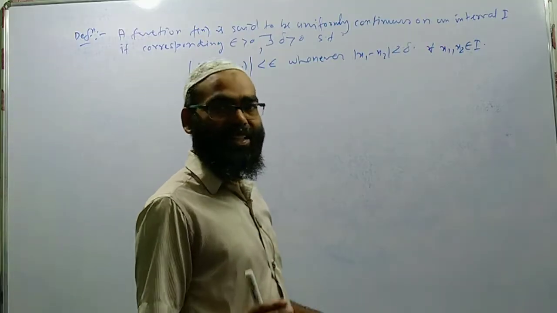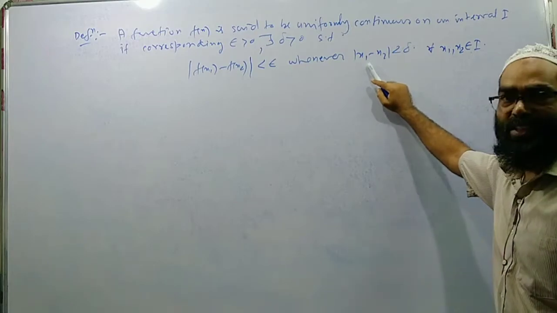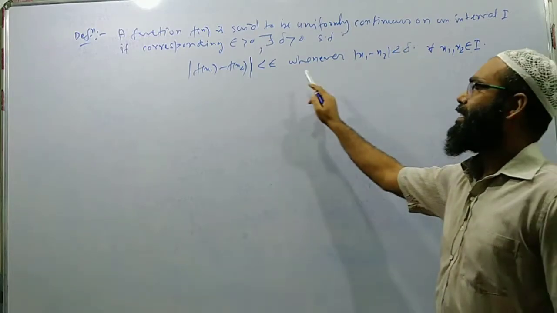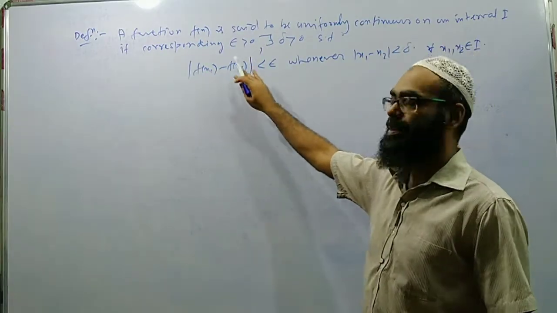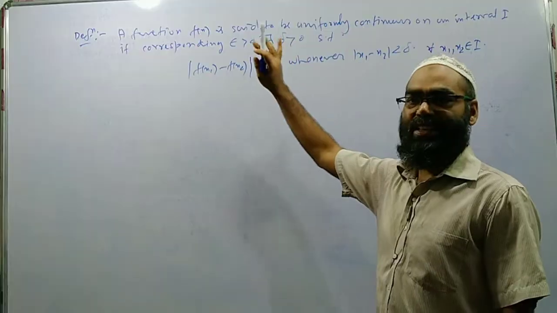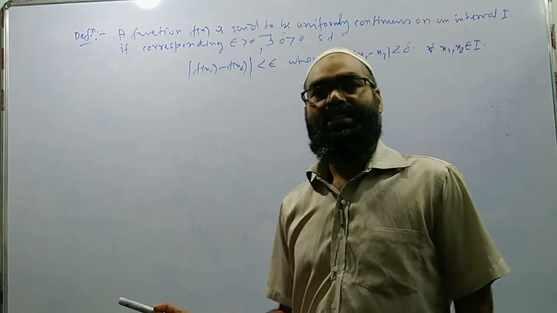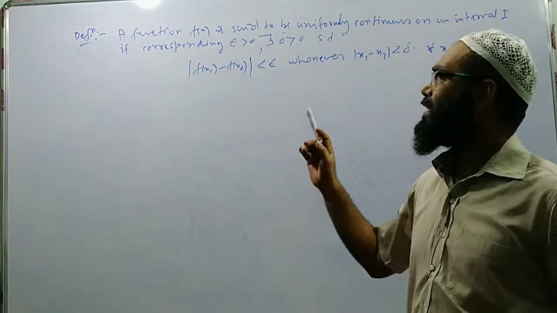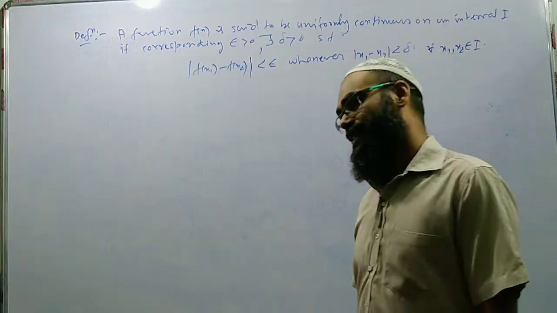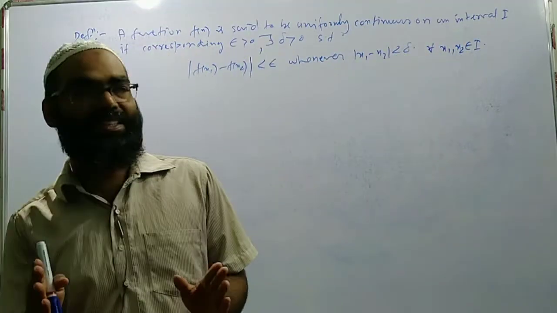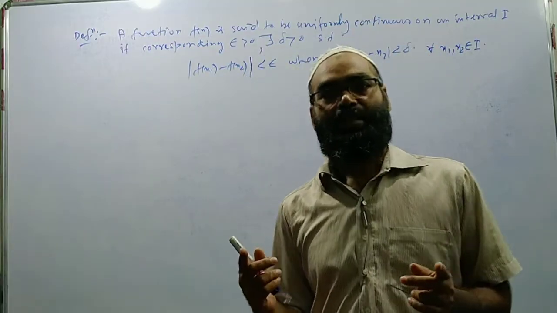If the function is such that the distance between the points x1 and x2 is less than delta, but this condition is not satisfied, that is, modulus of f(x1) minus f(x2) is greater than or equal to epsilon, then we say that the function f(x) is not uniformly continuous on I. First observe the difference between continuity and uniform continuity.